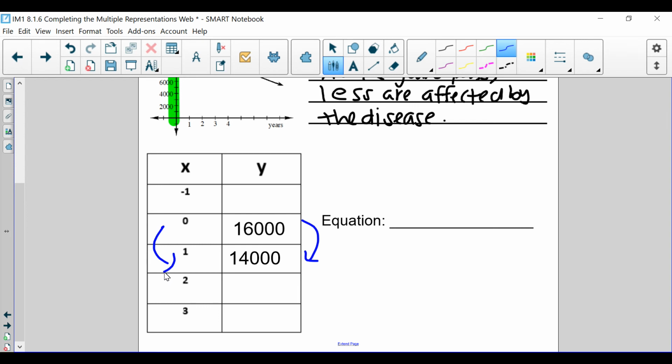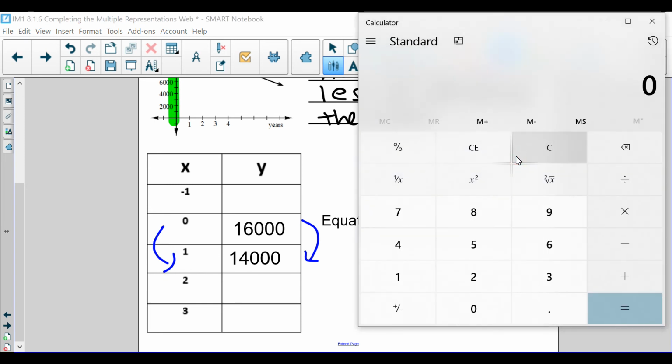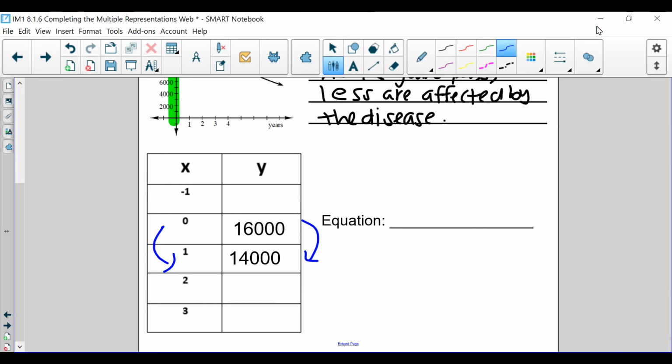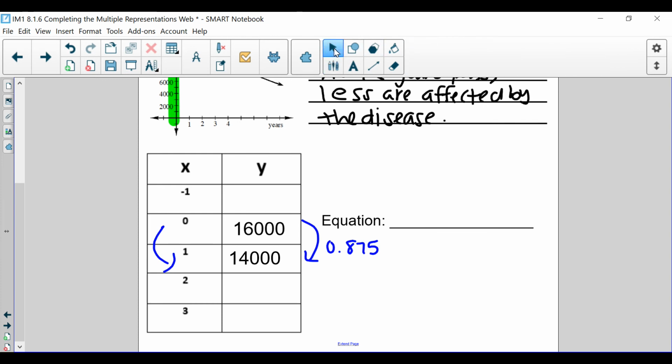So how do you figure out what you're multiplying by to get there? Well, we take the new value, 14,000, and we divide it by 16,000, and we end up getting 0.875. So let's check that. Now keep in mind, if you're wondering why isn't it 16,000 divided by 14,000?